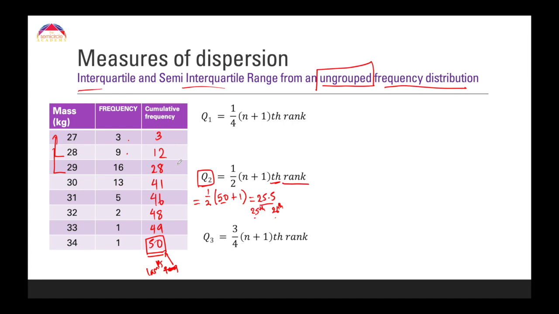We can see here that the 25th lamb is going to be here in the 28th zone, right? This is where the 25th lamb is going to be, and the 26th lamb is also going to be in this zone here. So now we could look across here and see 29 being our Q2. So therefore Q2 is equal to 29 kilograms, right?